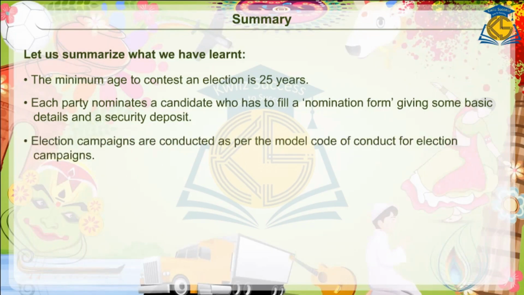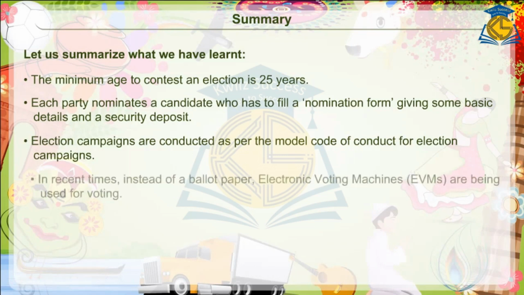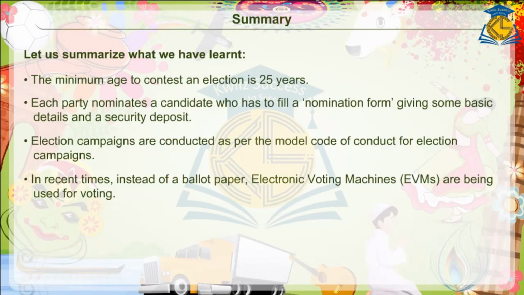Election campaigns are conducted as per the Model Code of Conduct for election campaigns. In recent times, instead of a ballot paper, electronic voting machines or EVMs are being used for voting.